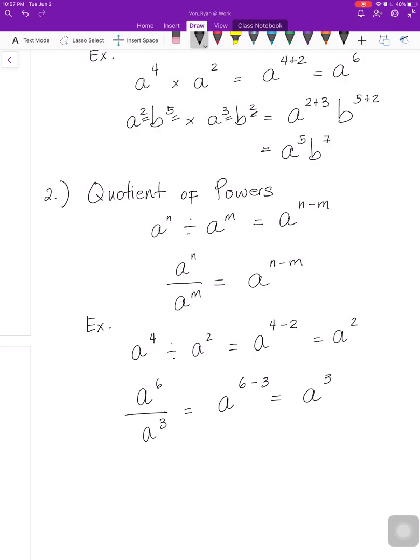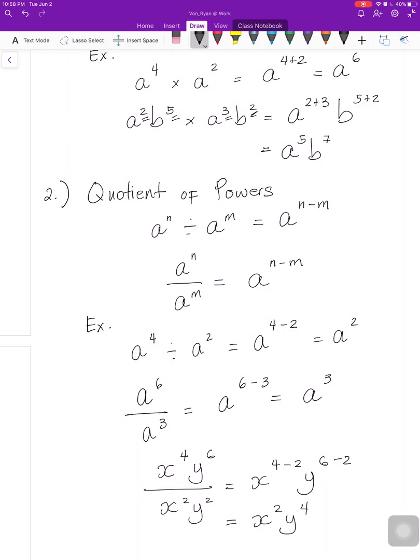So it's 6 minus 3, not 6 divided by 3. If you have multiple variables involved, suppose you have, let's use different letters, x raised to 4, y raised to 6, divided by x squared, y squared. So it will become x raised to 4 minus 2, y raised to 6 minus 2. So the final answer is x squared, y raised to 4.